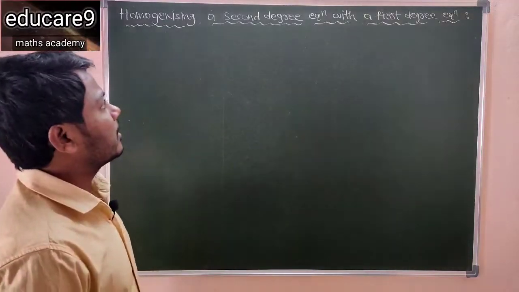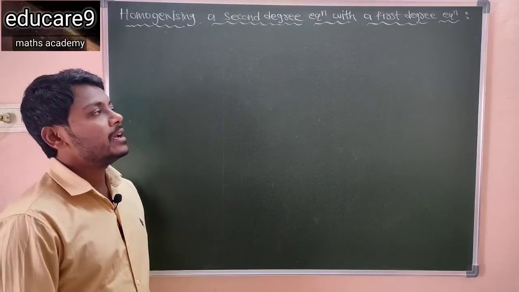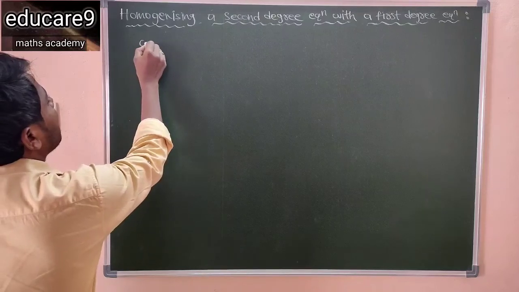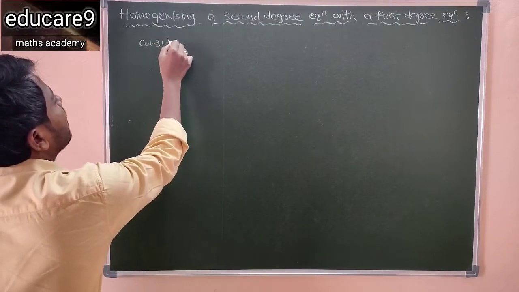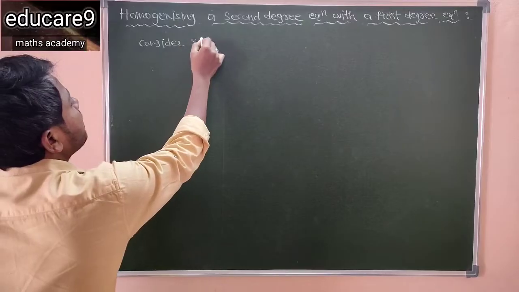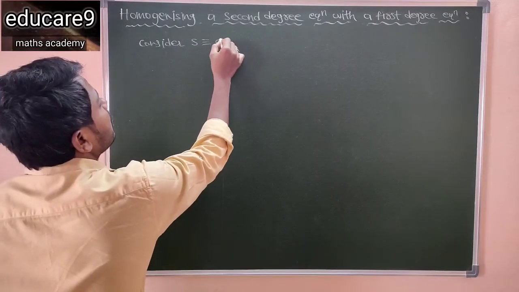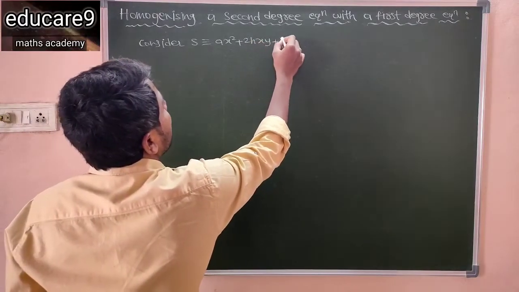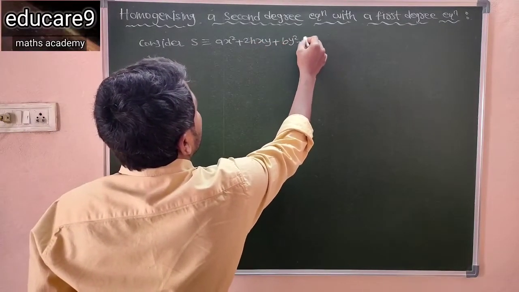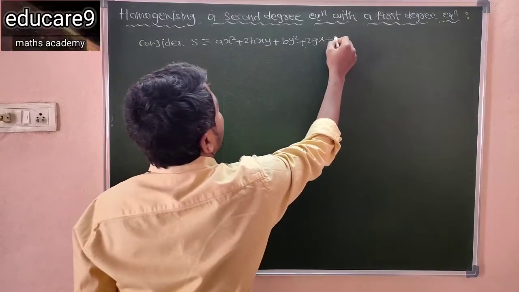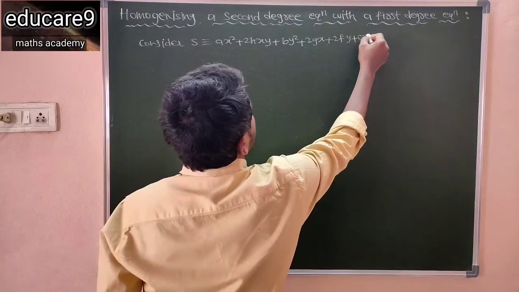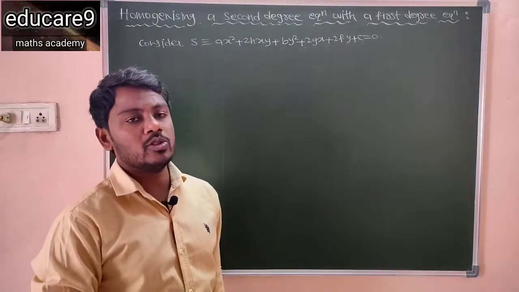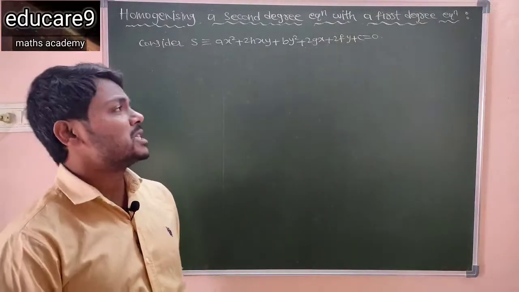Consider any second degree non-homogeneous equation S equals ax square plus 2hxy plus by square plus 2gx plus 2fy plus c equals 0. So this is any second degree non-homogeneous equation. Simply, it represents a curve also.